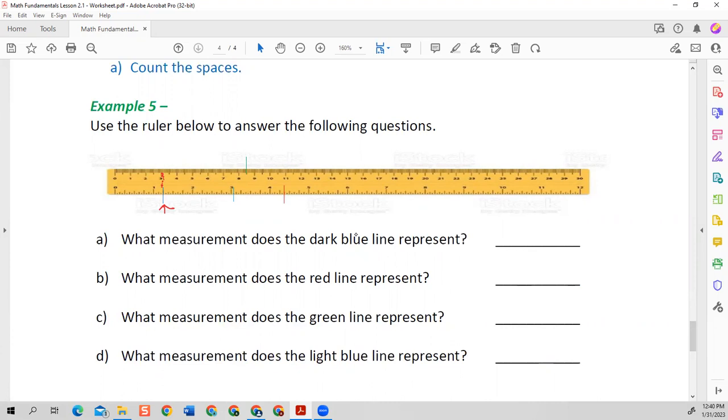So actually, if this will help you, go count how many spaces are between each one. So from 0 to 1, we got 1, 2, 3, 4, 5, 6, 7, 8, 9, 10, 11, 12, 13, 14, 15, 16 spaces, right?